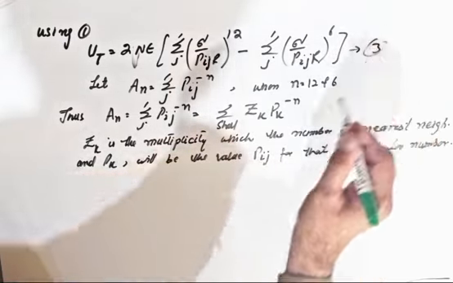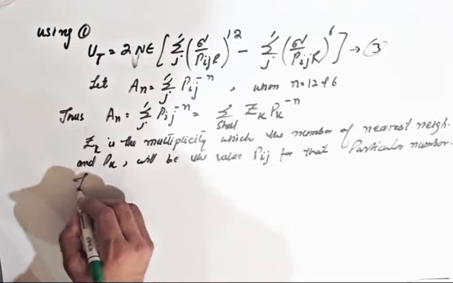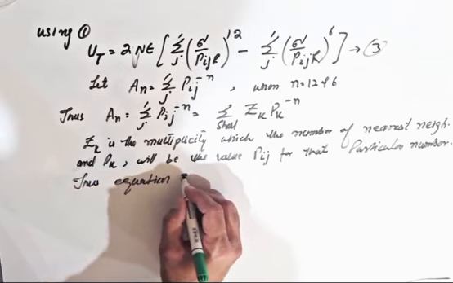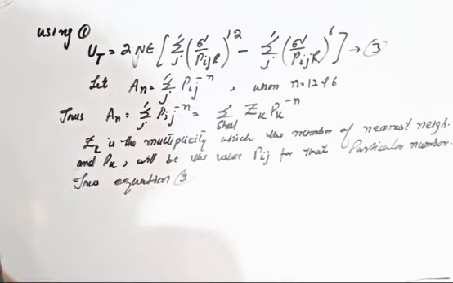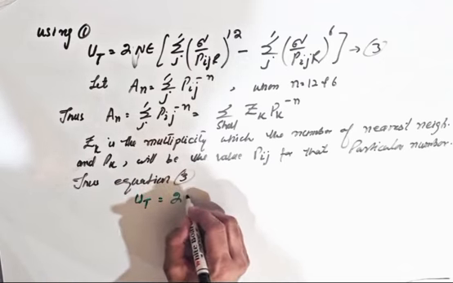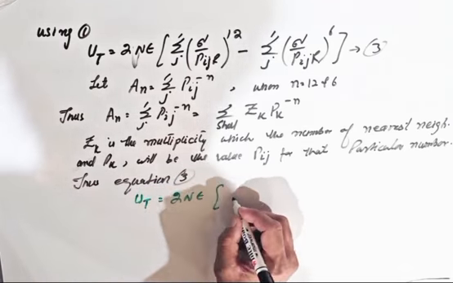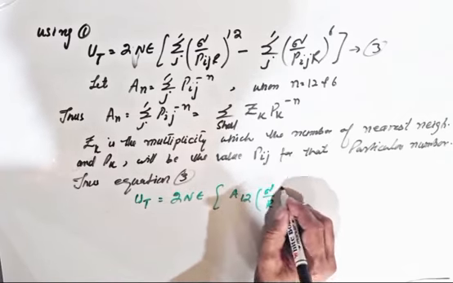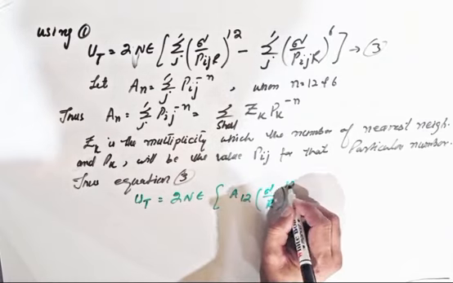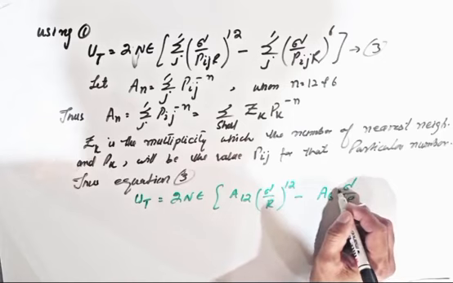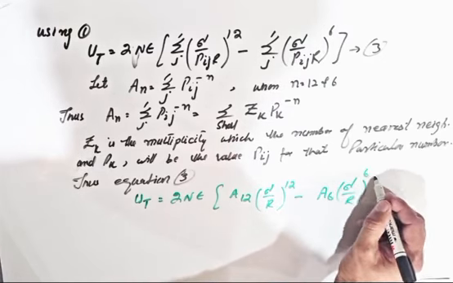Let this be equation 3. Thus equation 3 can be written as 2Ne [A12 sigma to the power 12 divided by r to the power 12 minus A6 sigma to the power 6 divided by r to the power 6].